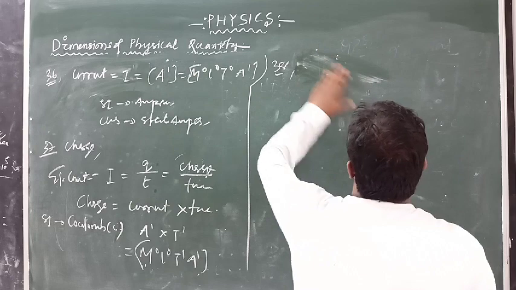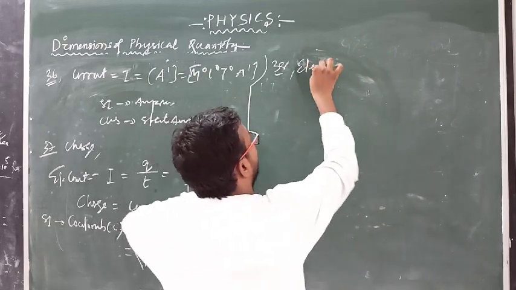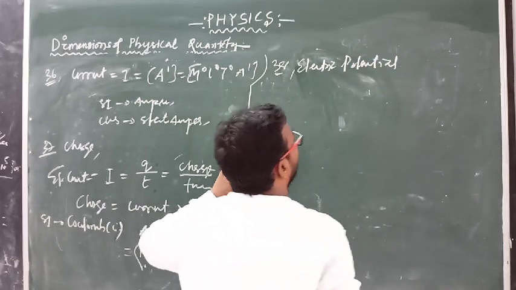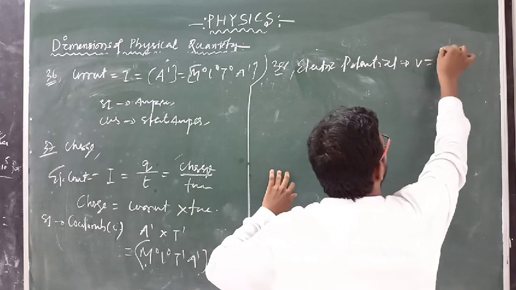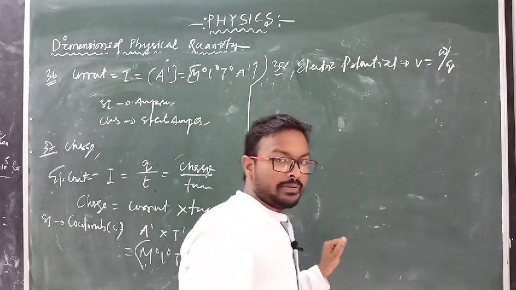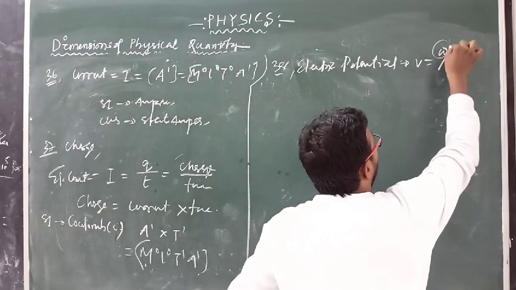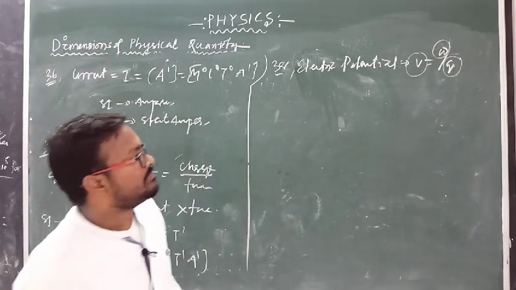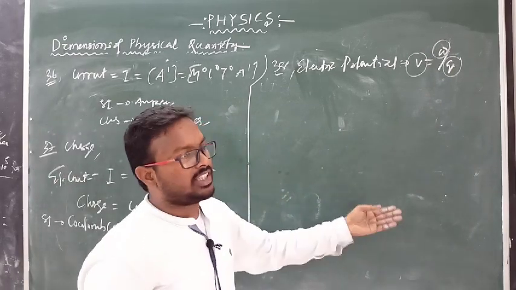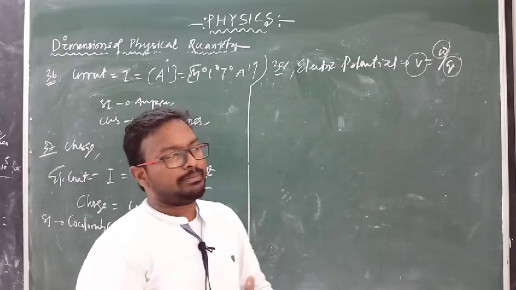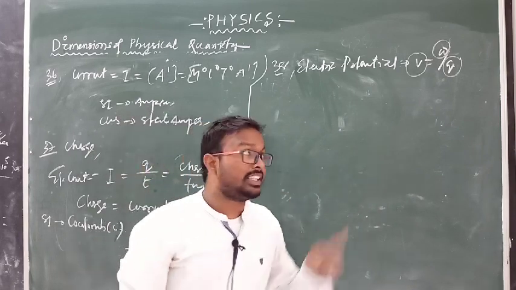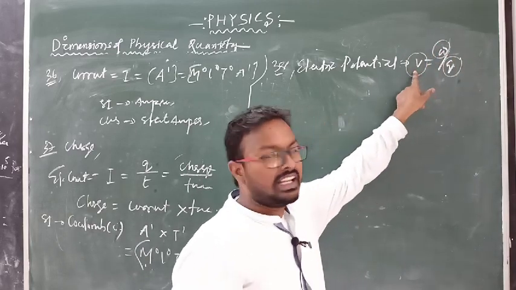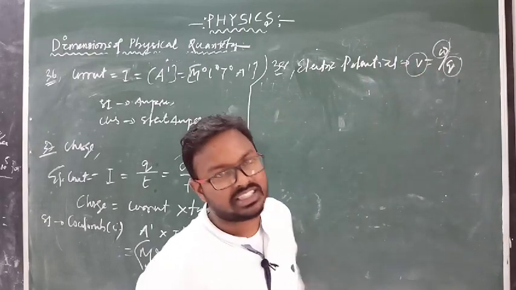You have a relation, that is electric potential. Electric potential is represented by V equal to W by Q. Clear? And whatever amount of work is done, the charge Q remains constant. In mechanics, whatever amount of work was done was stored as potential energy, which is called mechanical potential energy. But here, whatever amount of work is done on the charge, it remains constant as potential energy, and this potential energy is known as electric potential energy.